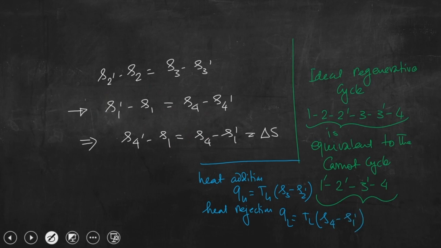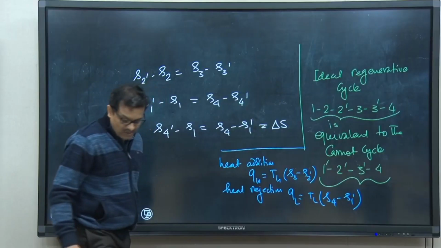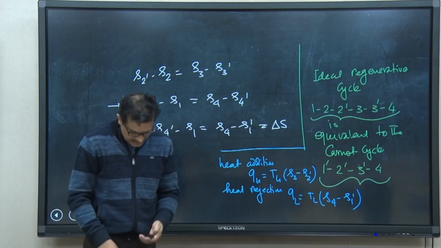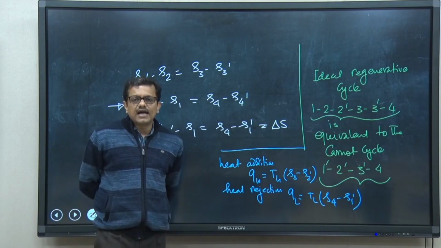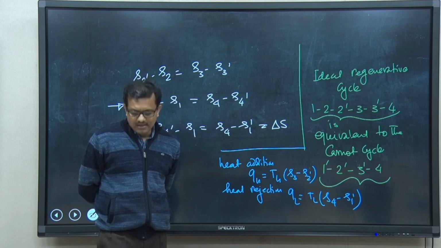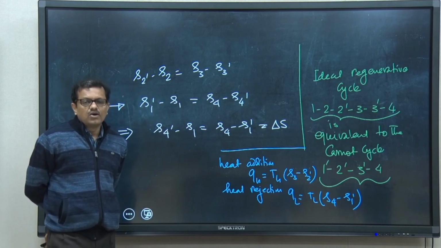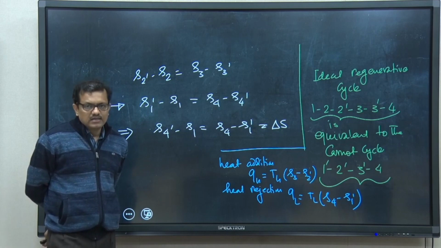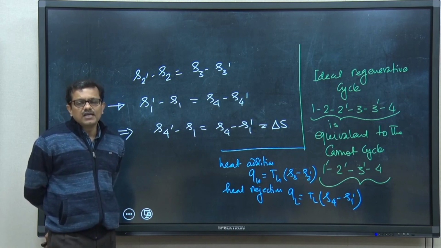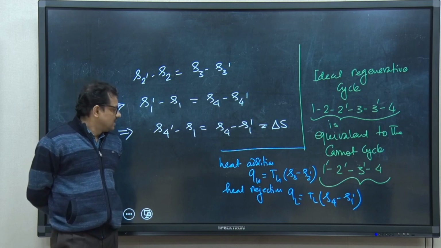We have written that, so this is also delta S, S3 minus S2' and S4 minus S1' is also delta S. So, what we can conclude is that the efficiency of the ideal regenerative cycle seems to be equal to that of the Carnot efficiency.